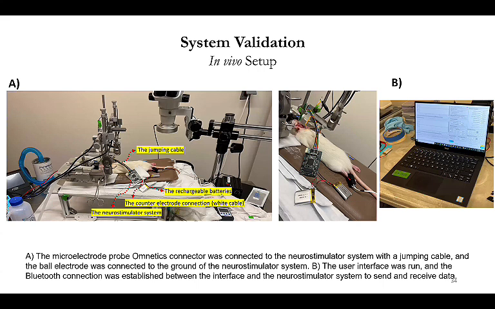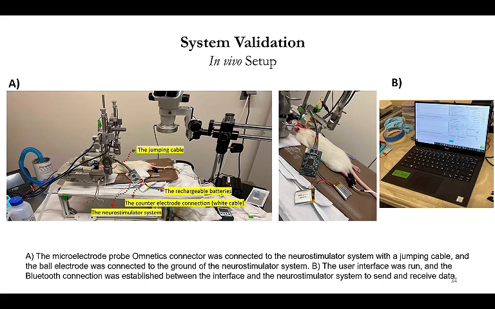The middle figure is a zoomed-in version, focusing on the electronics with the battery. In figure B, you see our laptop. There is no cable connection anywhere, just complete wireless communication with the PCB on the rat.